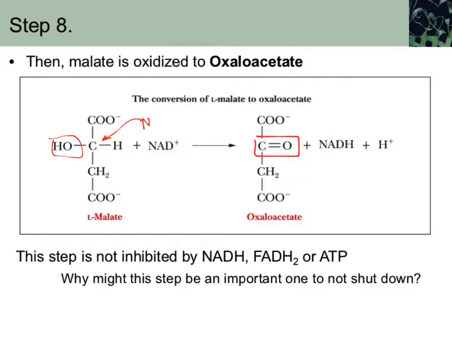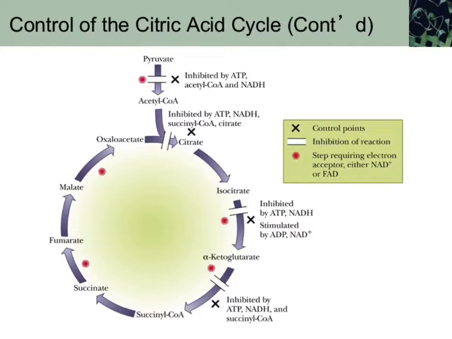Which is really what happens when we consider each of the inhibition steps and the control points: it's not just the production of energy that we're concerned about, we're also concerned about each of those intermediate structures. Can those intermediate structures be used somewhere else? If they can be used somewhere else, I do want to shut down that control point because I don't want to get rid of it, I want to use that somewhere else. So our control points, energy-based and synthesis-based.